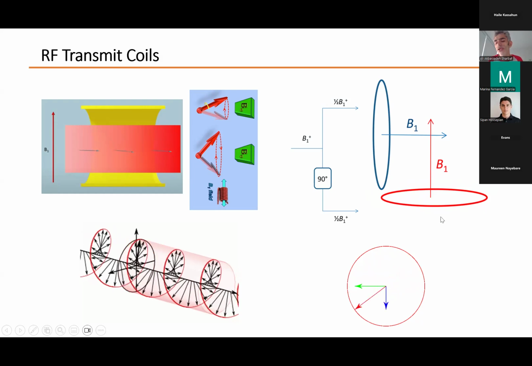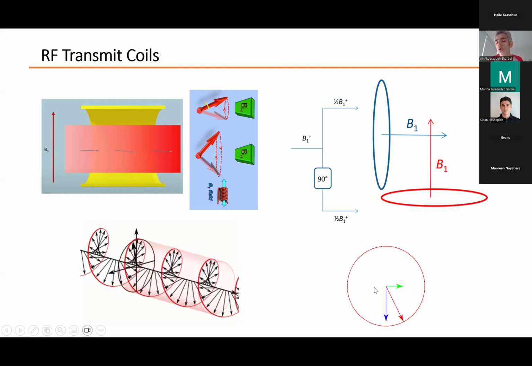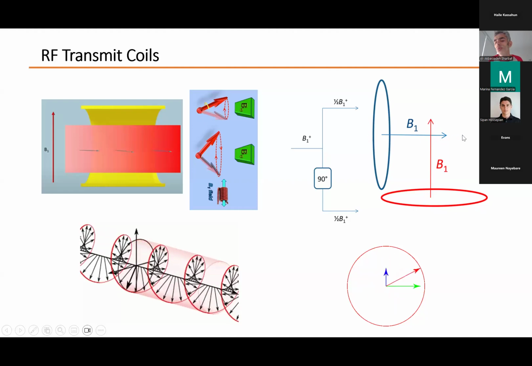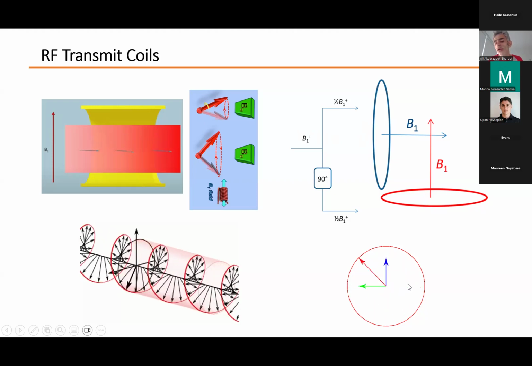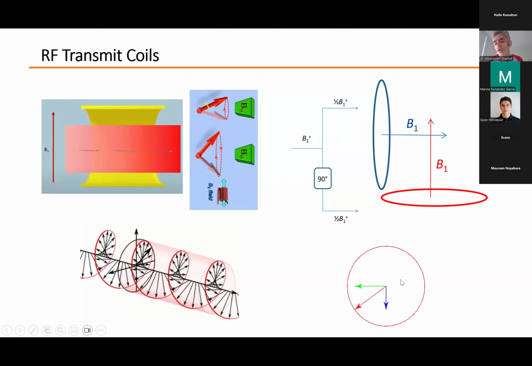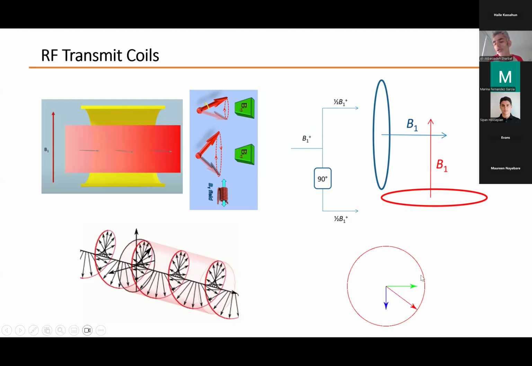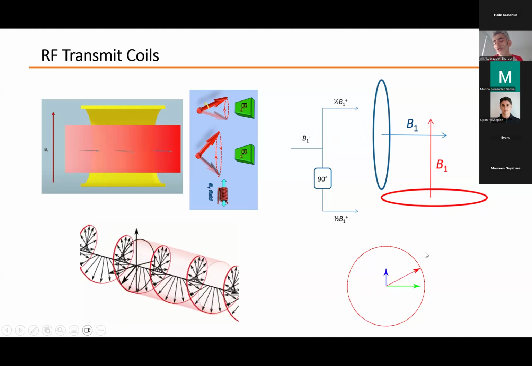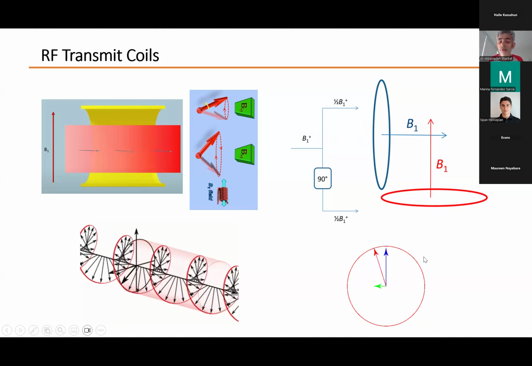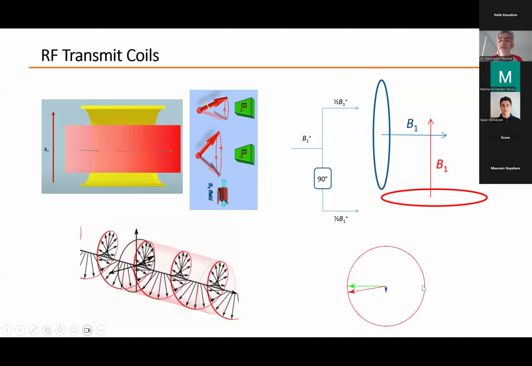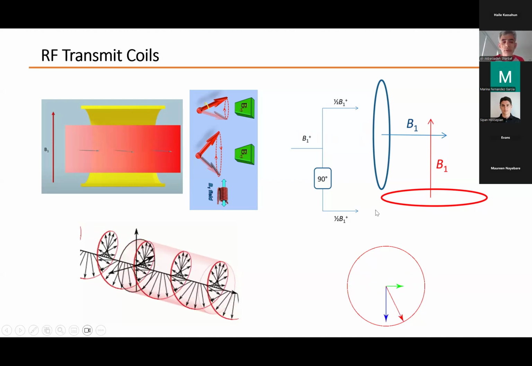The blue arrow is due to the red coil, and the green one is due to the blue coil. But since they have a 90-degree difference in phase, their summation follows a circular pattern. So by combining two linear magnetic fields, we can create a circularly polarized magnetic field.